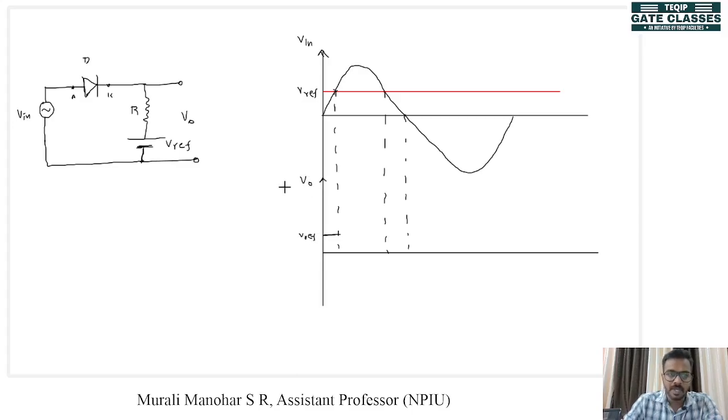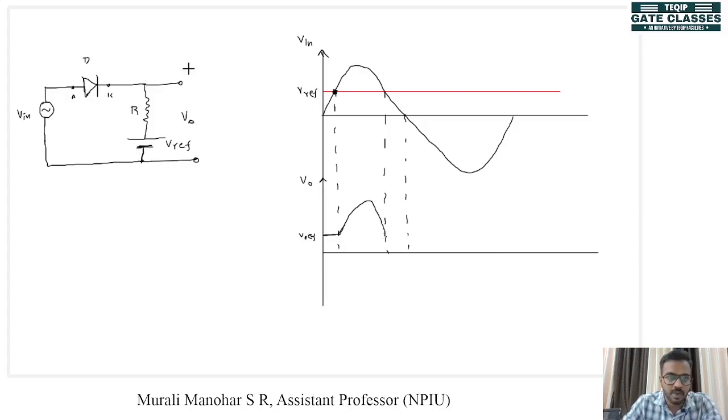Right? So when the input voltage increases beyond this point, that is, when the anode voltage is more than the cathode voltage, the diode is forward biased and turned on. What will be the output? The output is directly connected to the input because the diode is short circuited, so the output will be the same as the input.